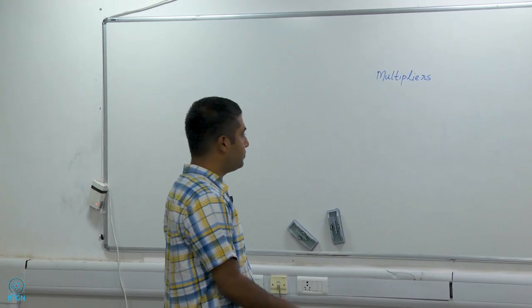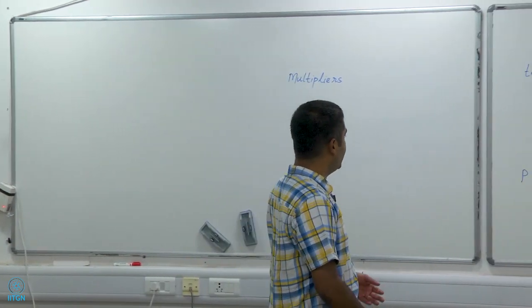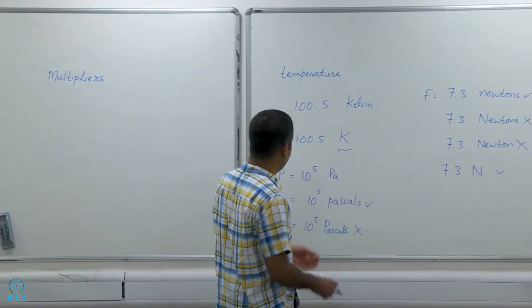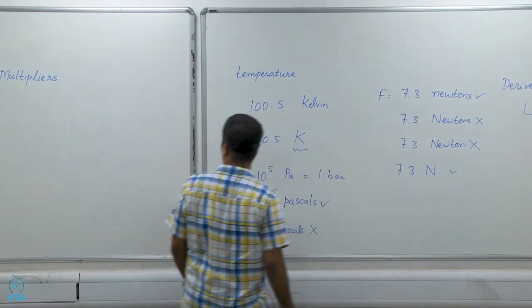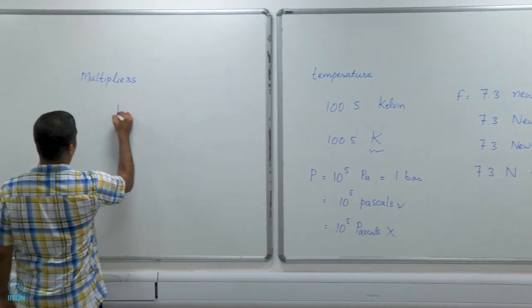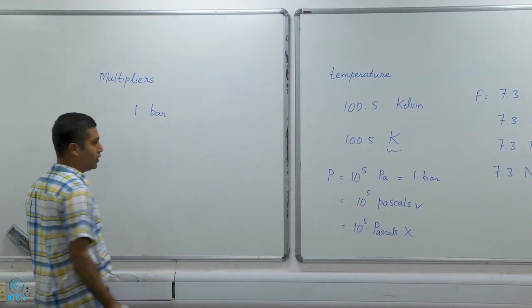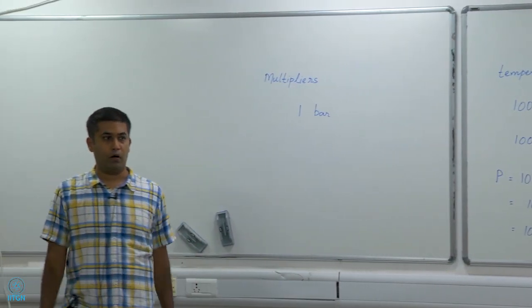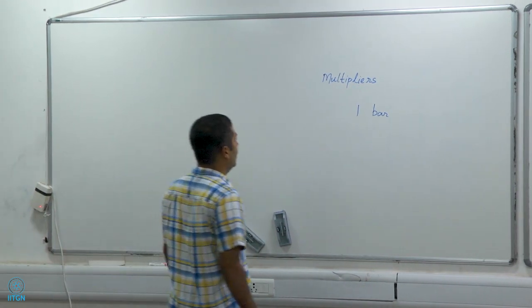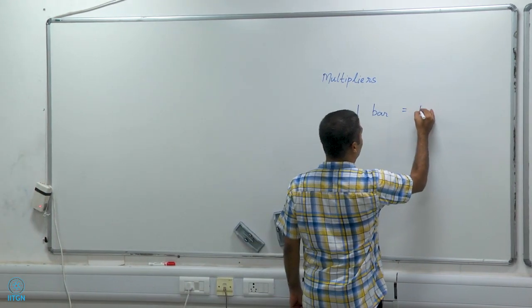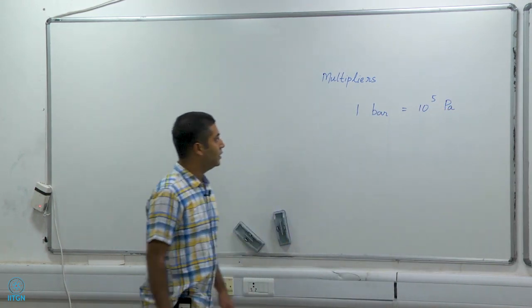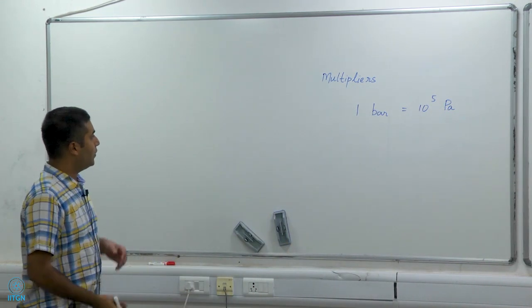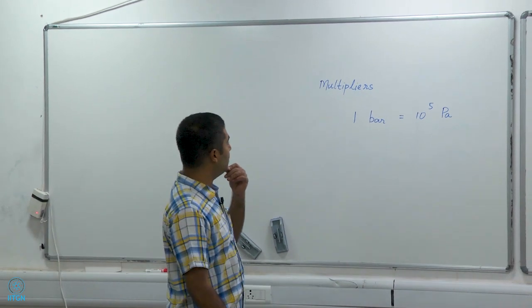Like for example, 10 power 5 pascals is 1 bar, right. So, 1 bar is another unit of pressure, not the SI unit, but another commonly used unit, and that is equal to 10 power 5 Pascal, right. And it's convenient to talk about bar.